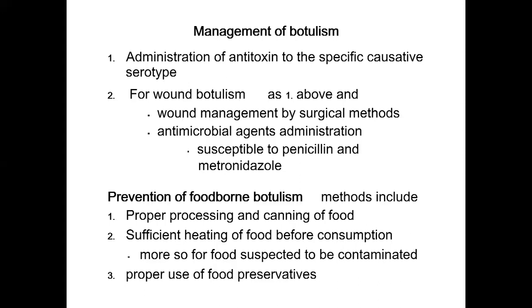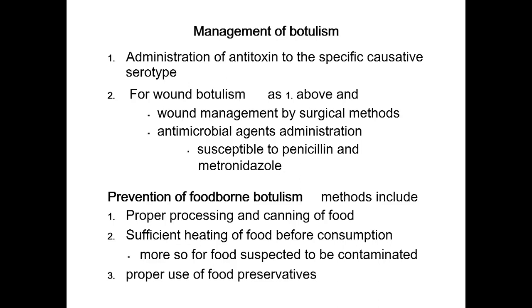Sometimes it's associated with canned food, and that canning should be done applying the necessary precautions under suitable environment. Then sufficient heating of food before consumption. We have just said that the toxin is susceptible to heat.